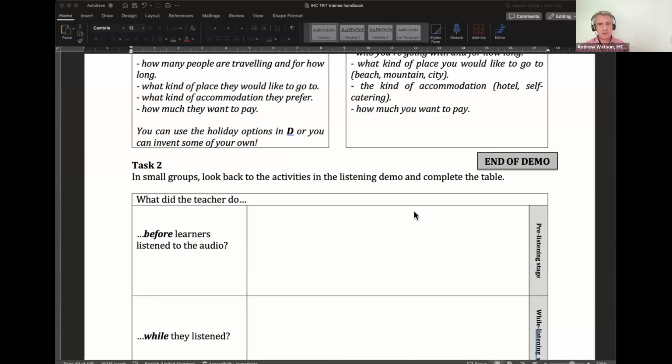Now, we're going to do a little breakdown of the lesson itself, and I'd like you to put your teacher's hat on now. You're no longer students, right? Be teachers again. So if we go back to our trainee booklet, oops, that's not right.